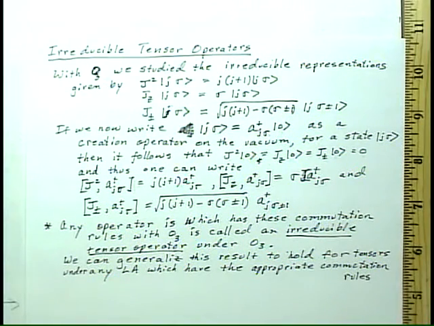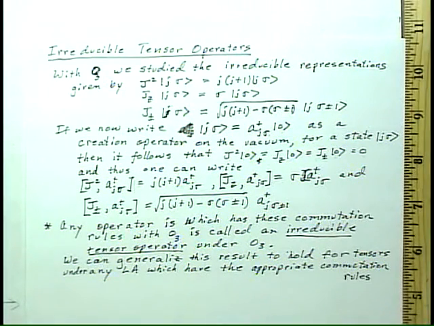We can generalize this result, in fact, to hold for tensors for any Lie algebra that have the appropriate commutation rules. We can also take the dagger of all of these equations, and since J squared and Jz and J plus and minus are Hermitian or anti-Hermitian respectively, we then get associated commutation rules not for A dagger, but for the dagger of this, the transpose complex conjugate, which is in fact A itself, A of J and sigma.